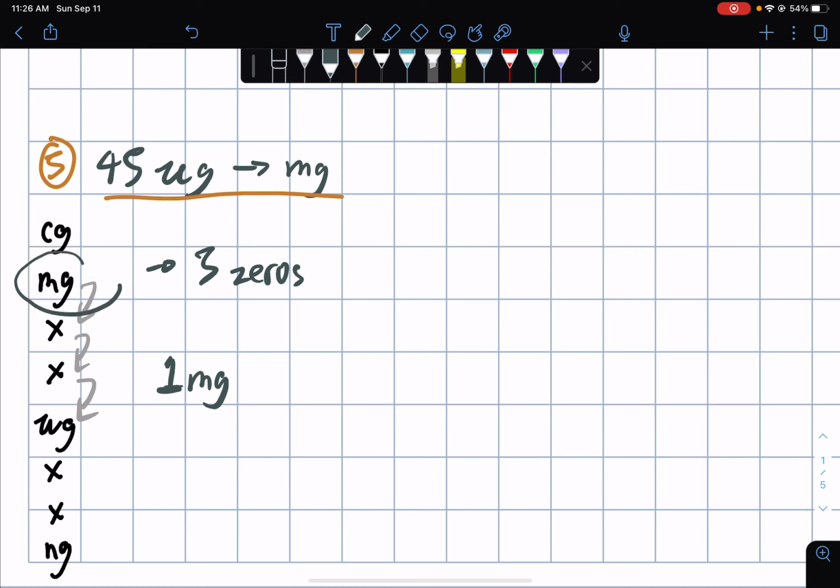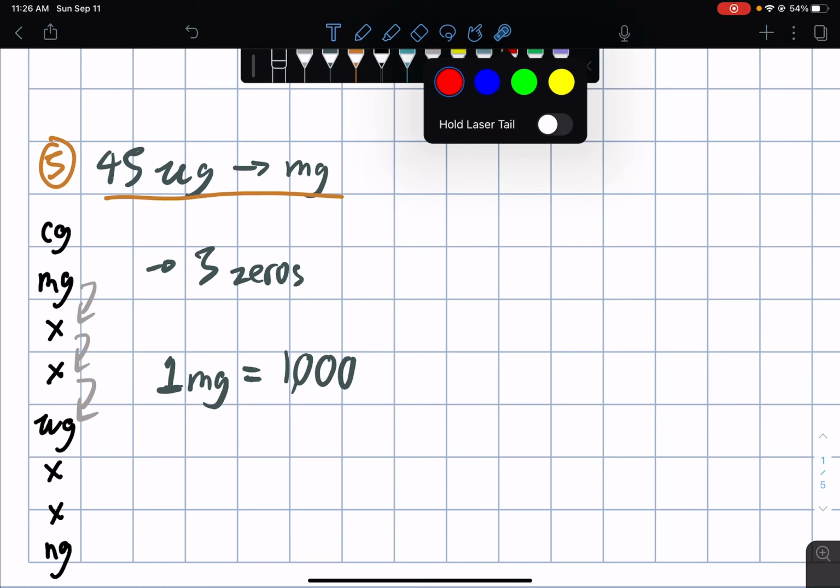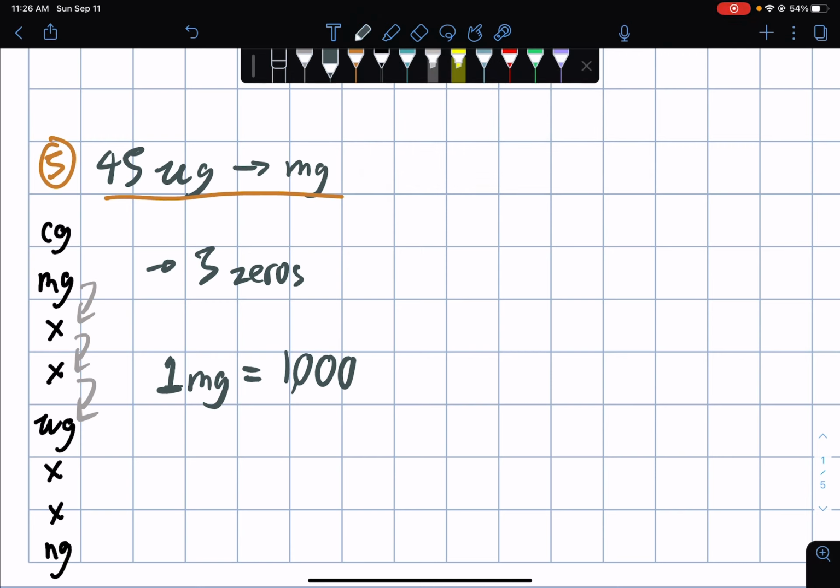So what's above right now is the milligram. So 1 mg is equal to 1,000, since we have 3 zeros over here, 1,000 UG, or microgram.